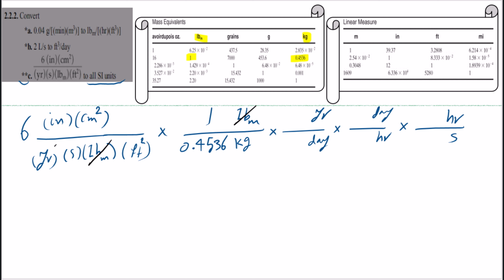In this case, year will be removed, day will be removed, hour will be removed. 1 year will be 365 days, and 1 day will be 24 hours, and 1 hour will be 3600 seconds. This second is also checked. We don't need to convert it, but how about these 3 ones?